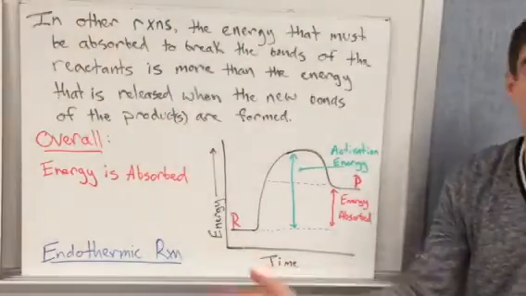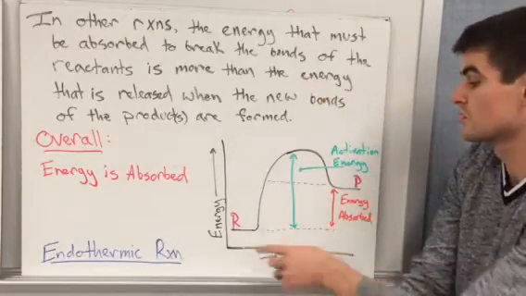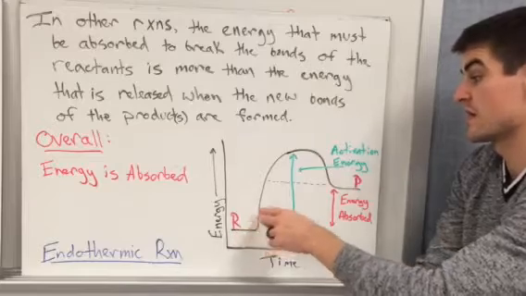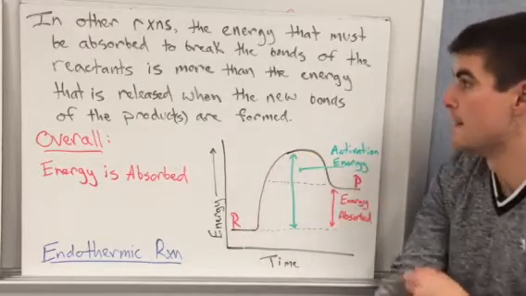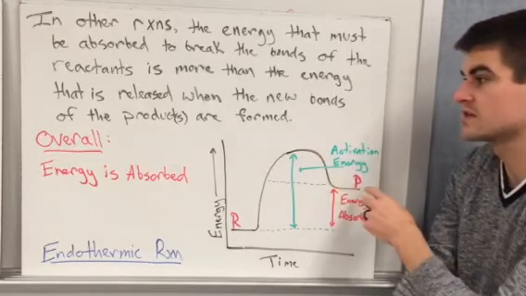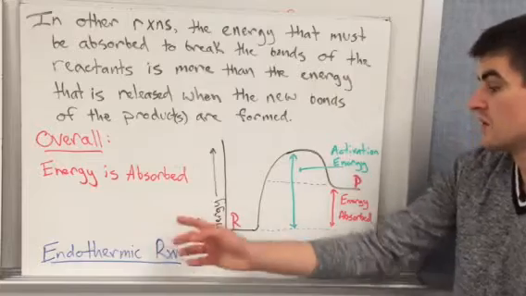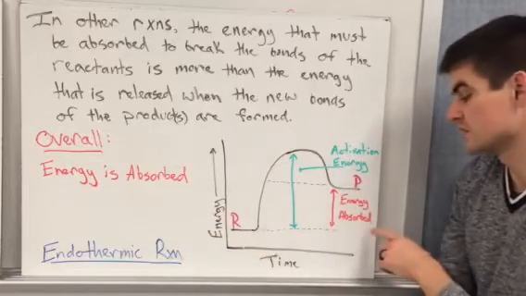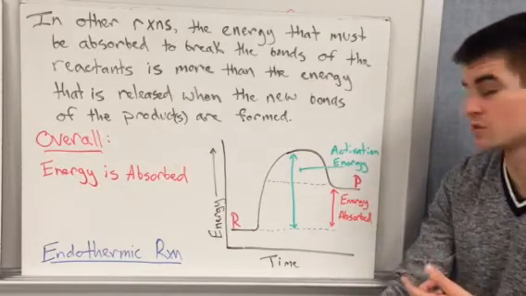The opposite is true for endothermic reactions. So in others, the energy that must be absorbed to break the bonds is large. You can see here, we have to absorb a ton of energy to break the bonds, and then when we release it, it's less than that. So in this case, it absorbs more energy than it releases. On our diagram here, you can see how much energy is absorbed.